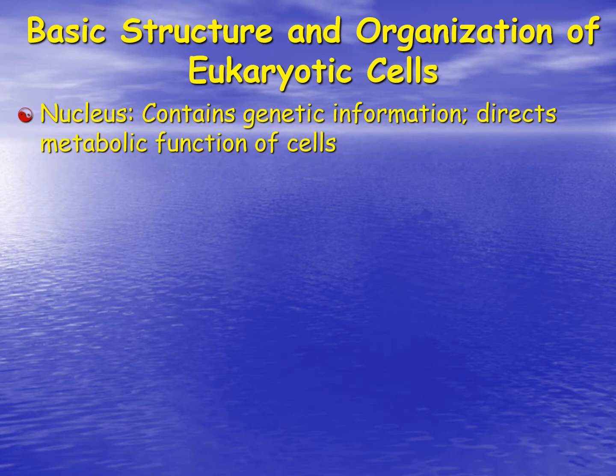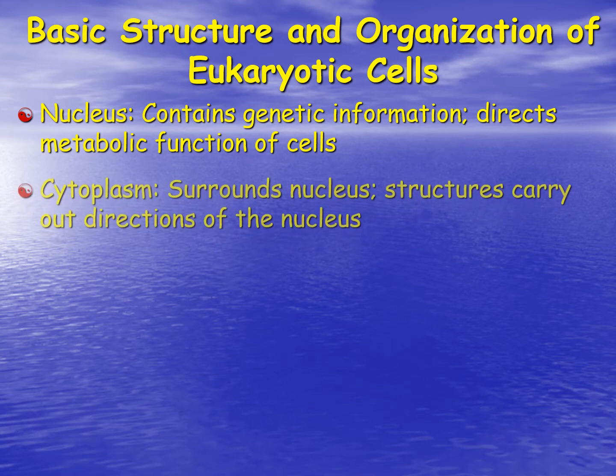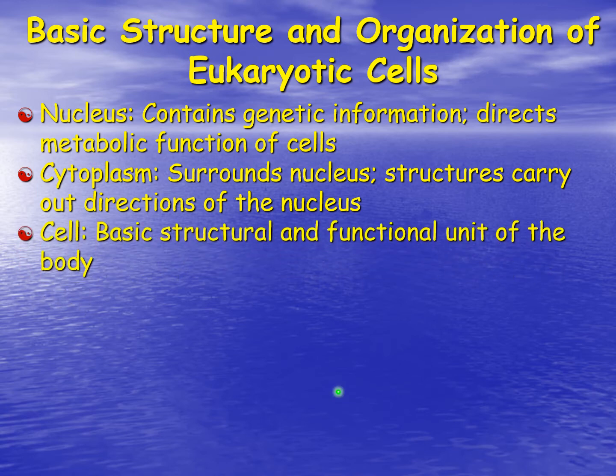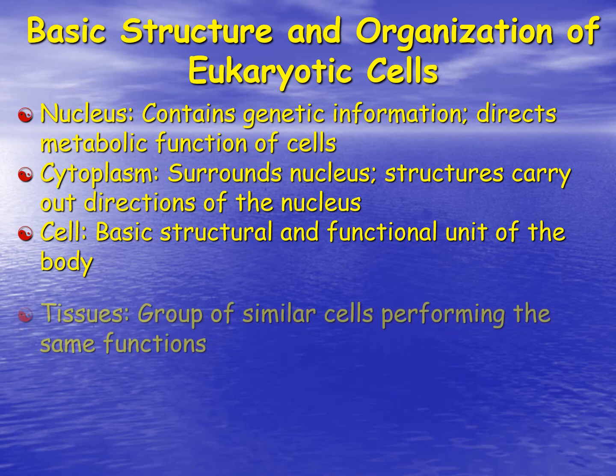So, basic structure and organization of the eukaryotic cell. This is really the review material. Certainly, you should remember the nucleus contains the genetic information of the organism and will direct all metabolic functions of the cell. The cytoplasm surrounds the nuclear membrane, and structures within the cytoplasm carry out directions of the nucleus. The cell is the basic structural and functional unit of life.